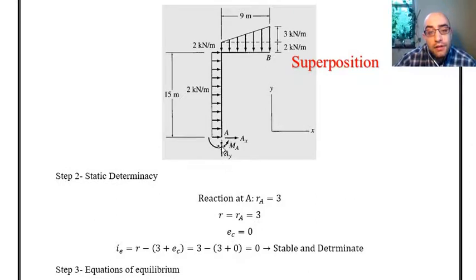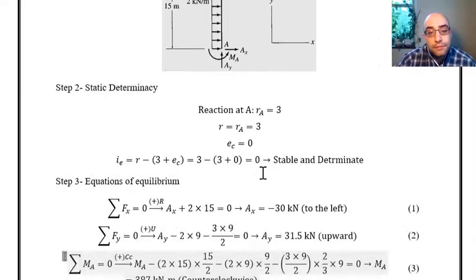And if I do that, we can say AY, this reaction over here, minus the rectangular distributed load, which is 2 kilonewton multiplied by 9. That is for the rectangular shape. And now I have to include the triangular shape, which is area under the triangle, which is 3 multiplied by 9 divided by 2.